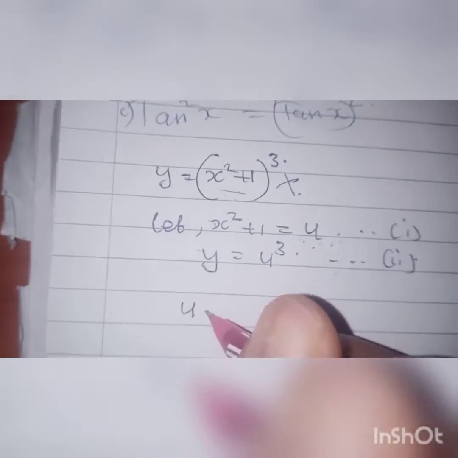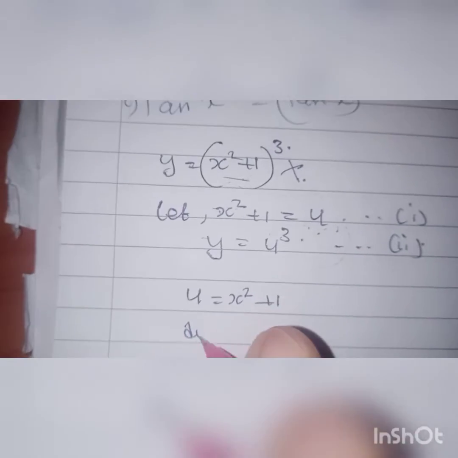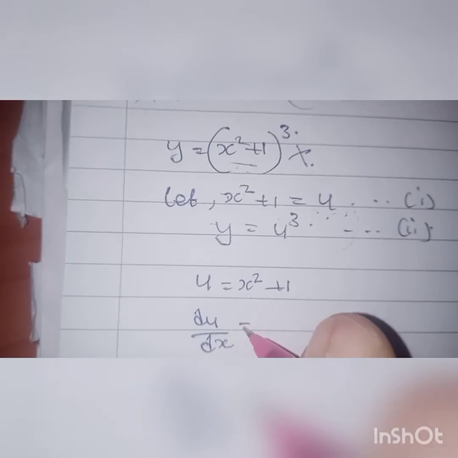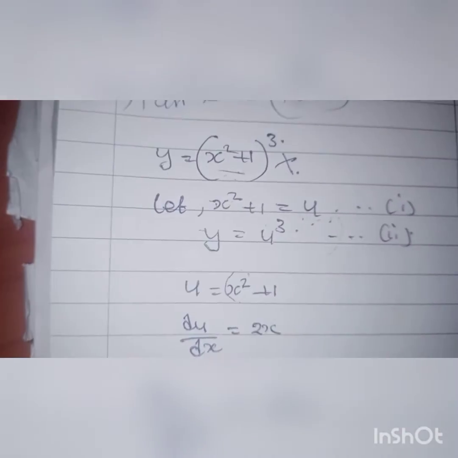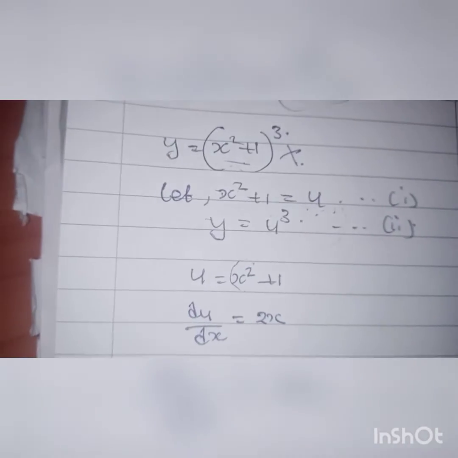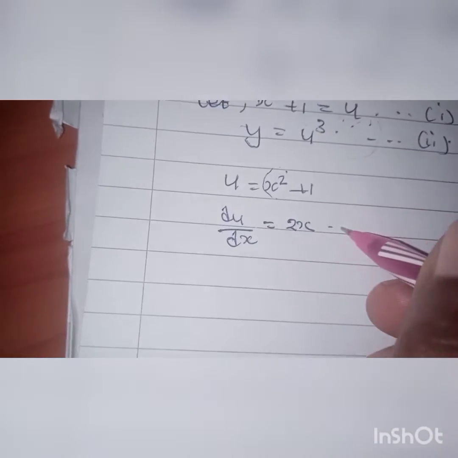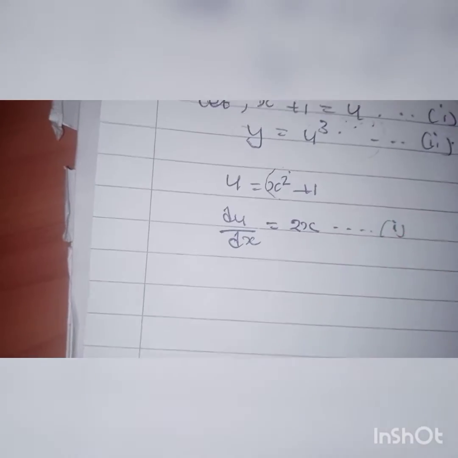Given u equals x squared plus 1, du dx will be the derivative of x squared, which is 2x, then since 1 is a constant, it becomes 0. So we have the first derivative for the first function.